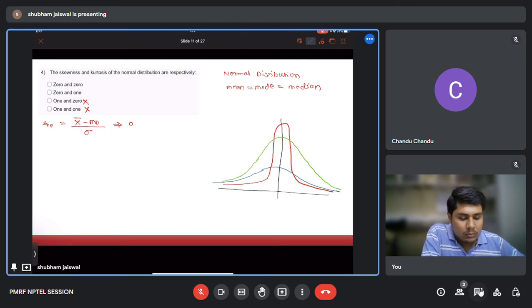So what is kurtosis? It is the measure of tailedness of the distribution.